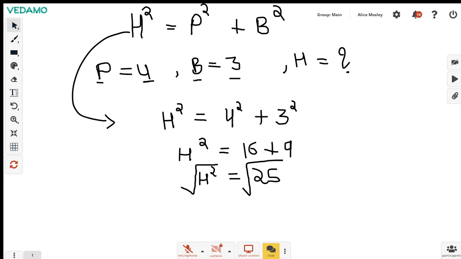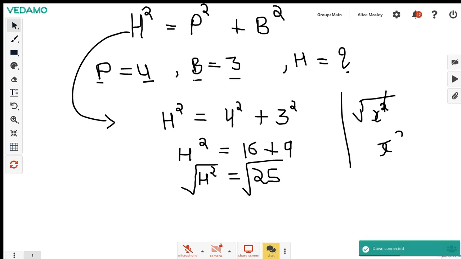Suppose I had x square inside this under root, so this will cancel the square. The result of under root of x square is always x. So under root of h square will be h, and 25 can be written as 5.